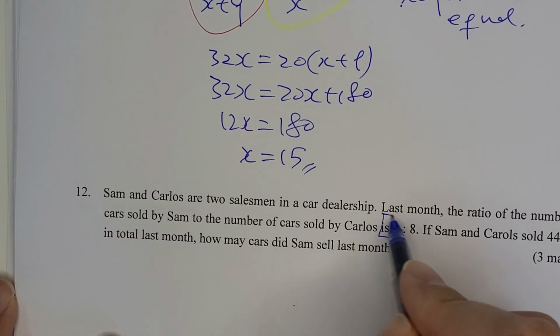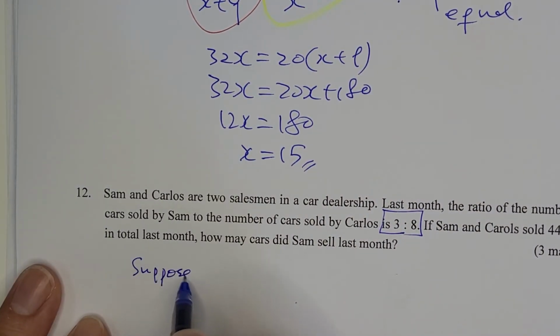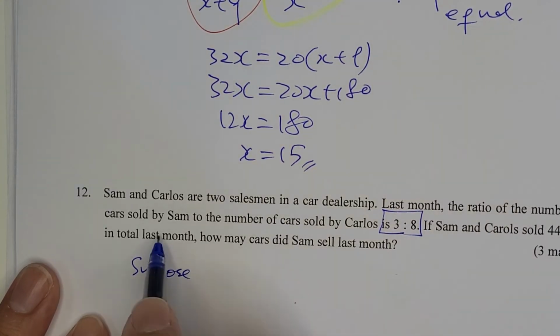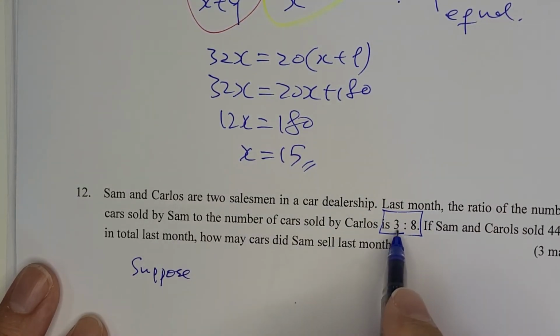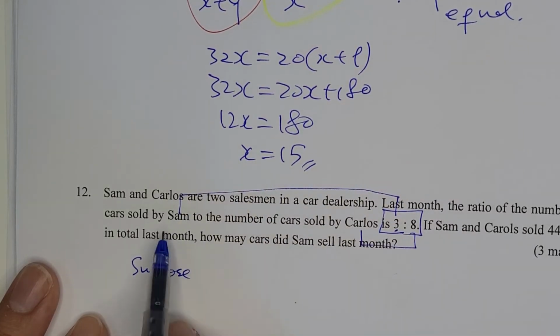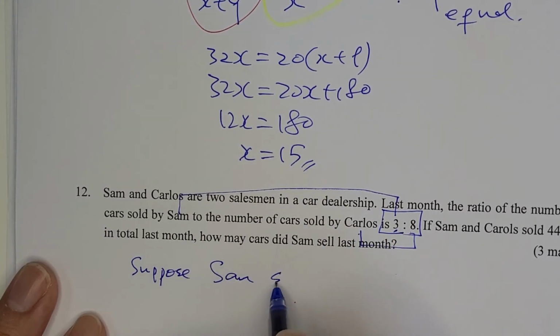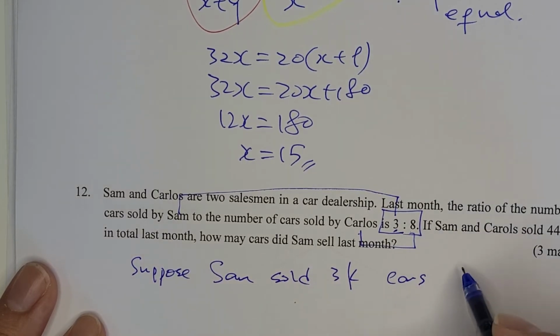If the ratios are given, then you can use the K method. Suppose Sam sold 3K cars, and Carol sold 8K cars.